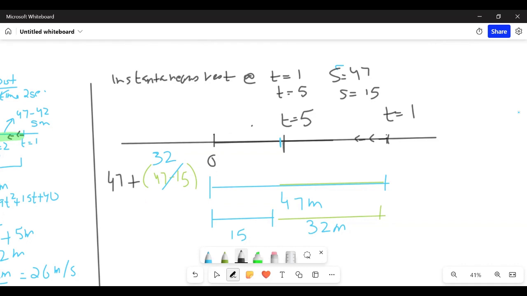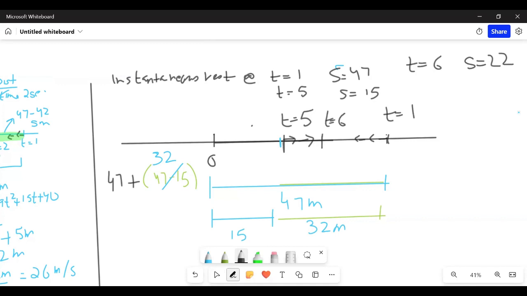Okay, now the object will change its direction and it will start moving forward. And now we need the displacement at t equals 6. So again substitute it in the formula and you should get 22. S equals 22. So let's say that's somewhere over here.